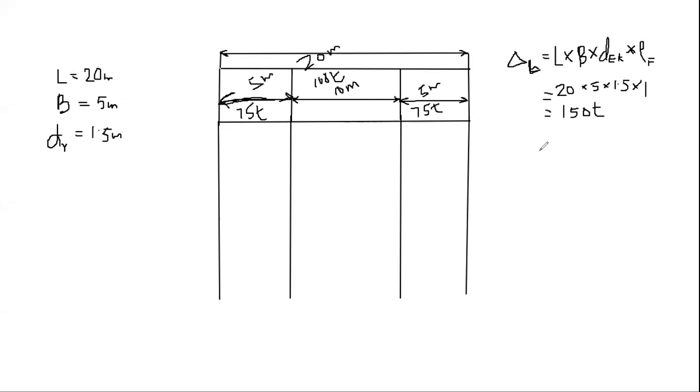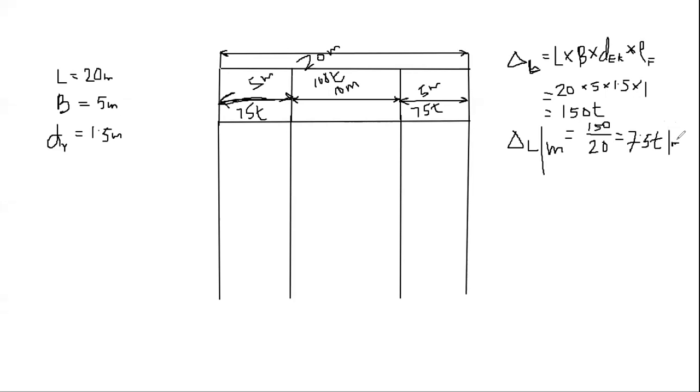It means the lightship mass per meter of length will be 150 divided by 20, which is 7.5. So the lightship uniformly distributed along the length is 7.5 tons per meter.